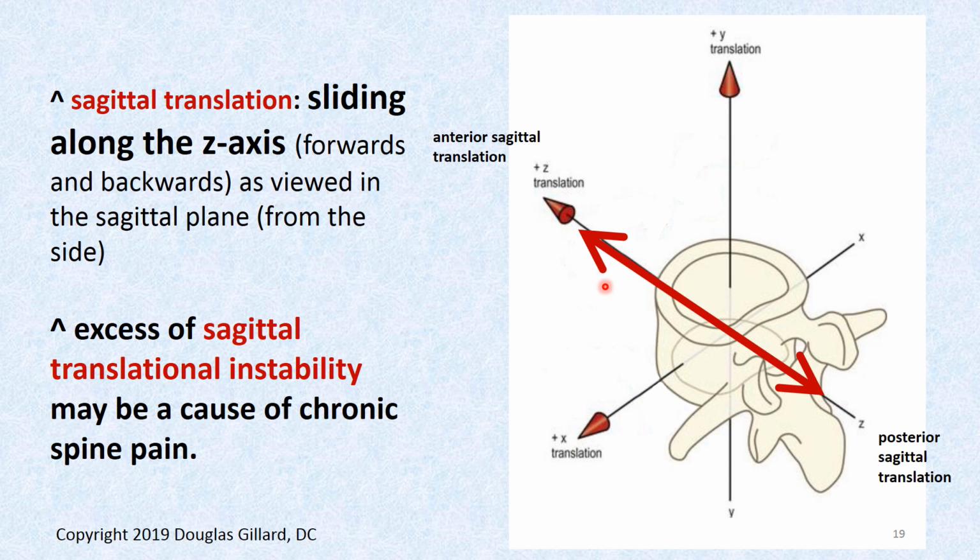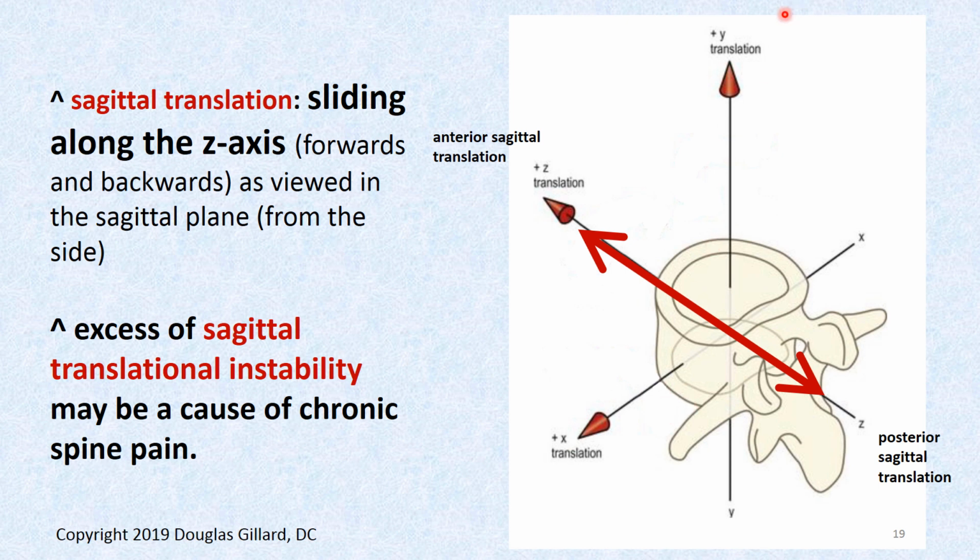Well, that's sagittal translation. We just talked about it. But now we're going back to our bone. So anterior sagittal translation is sliding forward. These are clinically important motions here because you can have instability with these. Posterior sagittal translation. But how does sagittal fit into this? Sagittal means you're observing from the side, from a side view.